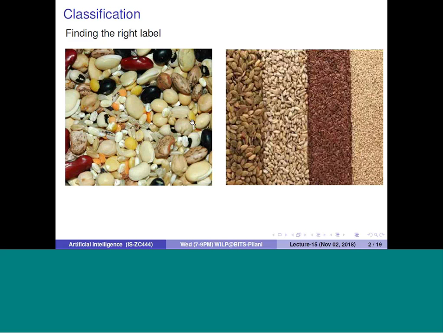I told you that there are only 10 kinds of grains available, so you note those down. Whenever a new grain is given to you and you are asked which kind it is, you pick one label from this set, because you know that only these 10 kinds are there. Then you can say that this grain is of this type.